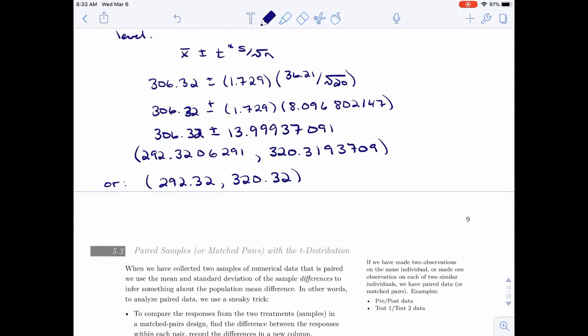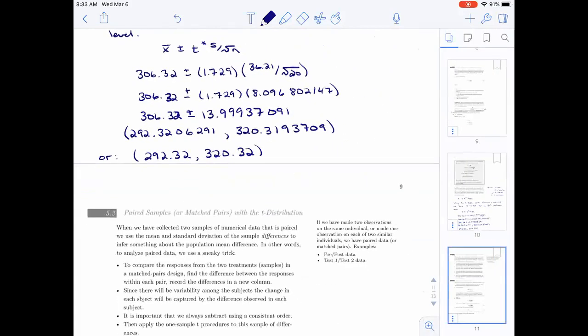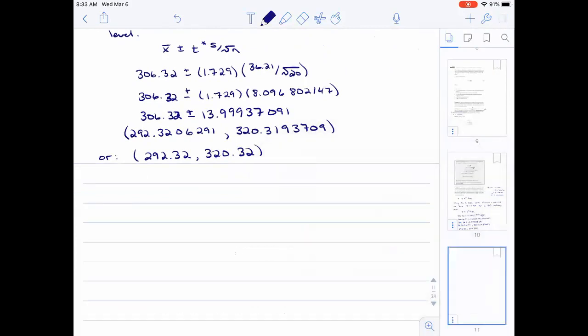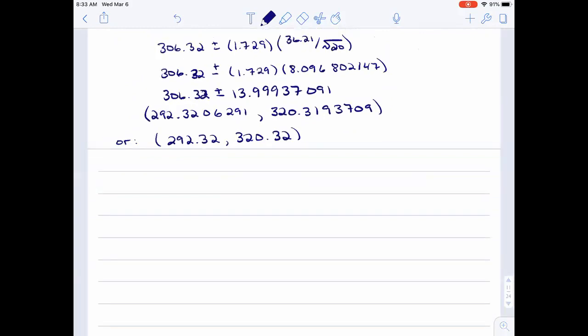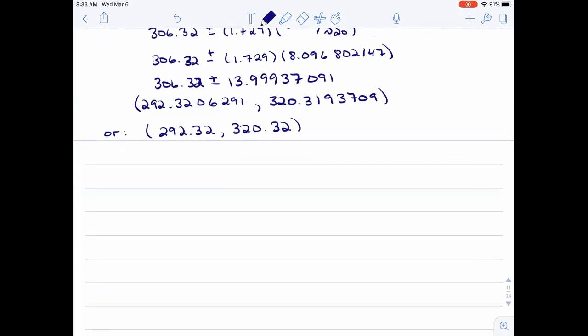I guess I better add a page here. Almost didn't need it. So once we've done our confidence interval, right, we have to interpret this interval. And so we use the same blurb.